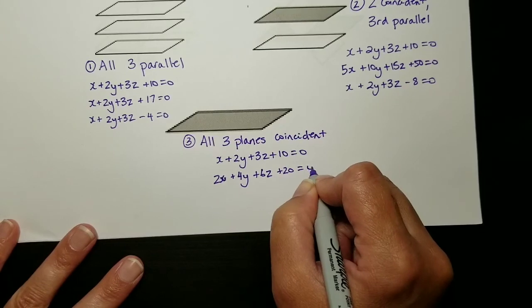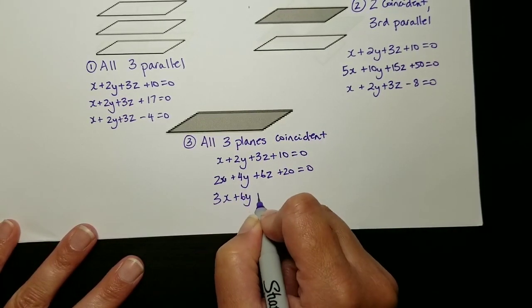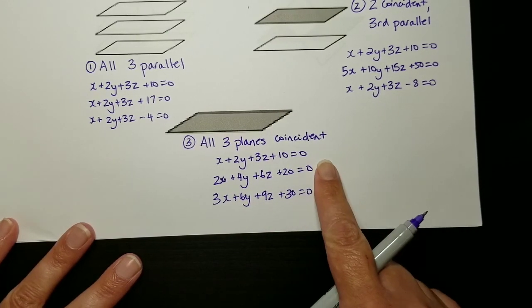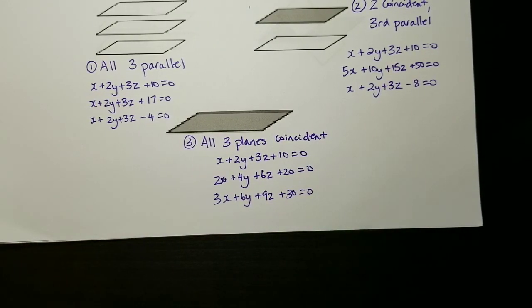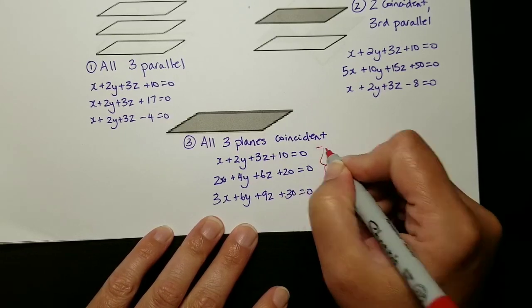So that one's just kind of times 2, and maybe we have 3x plus 6y plus 9z plus 30 equals 0. So you can see that these are all, they're not in standard form, but they're all actually the exact same plane.